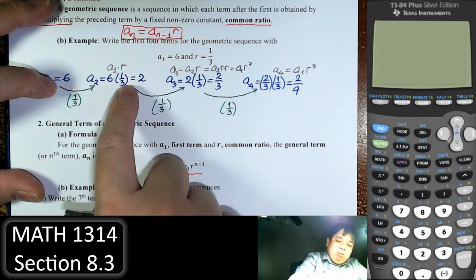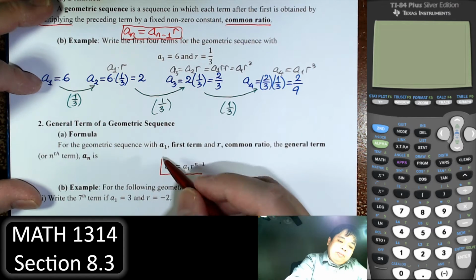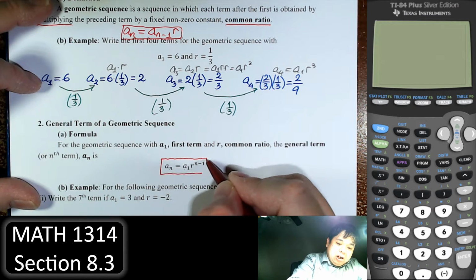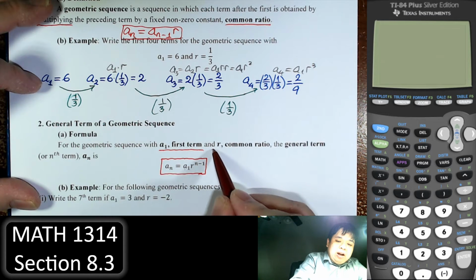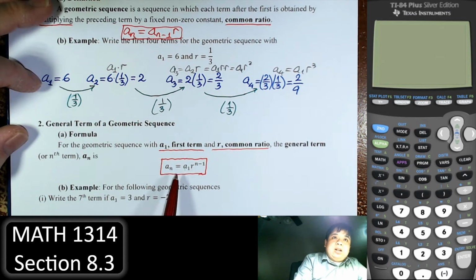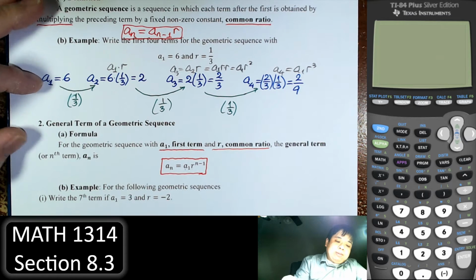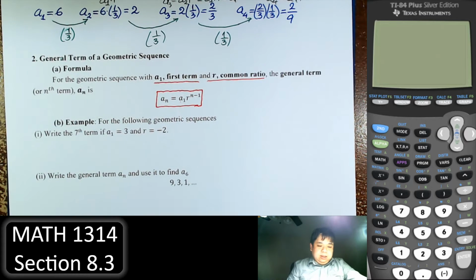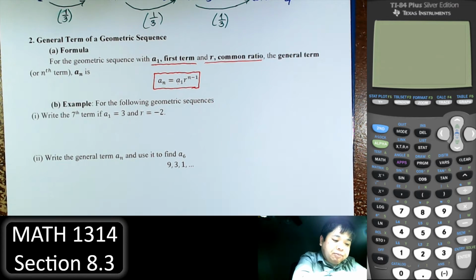So we take one less step to go from the first term to the nth term, and in each step we multiply by the common ratio. So we're going to have the first term and the common ratio. In that case, the nth term is just the first term multiplied by r to the n minus 1. Right, so that is the formula, very straightforward.